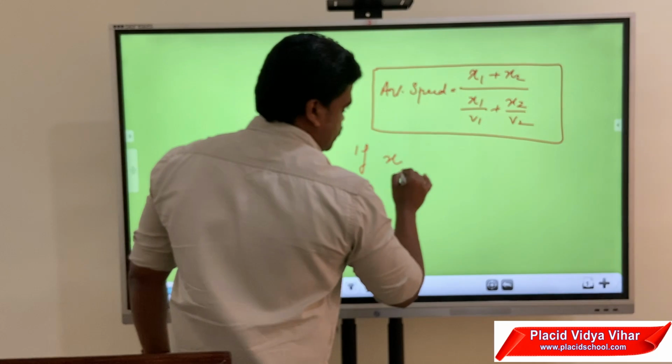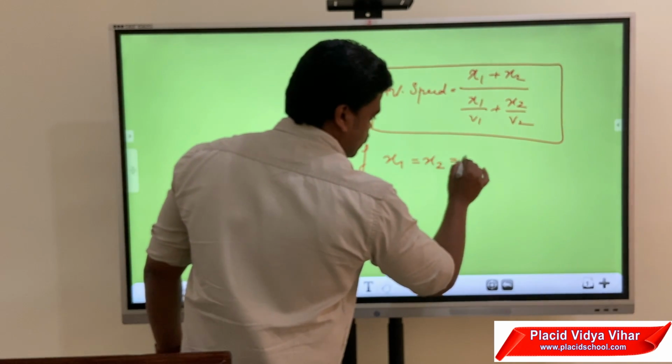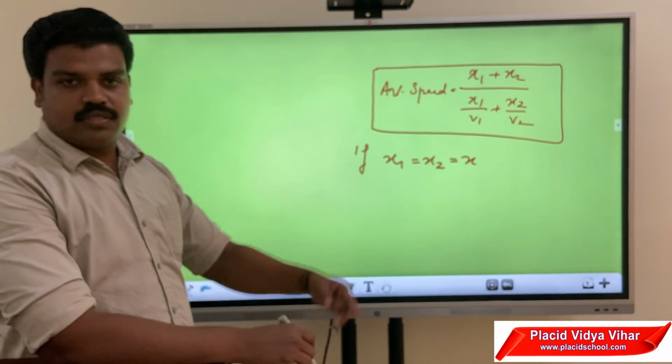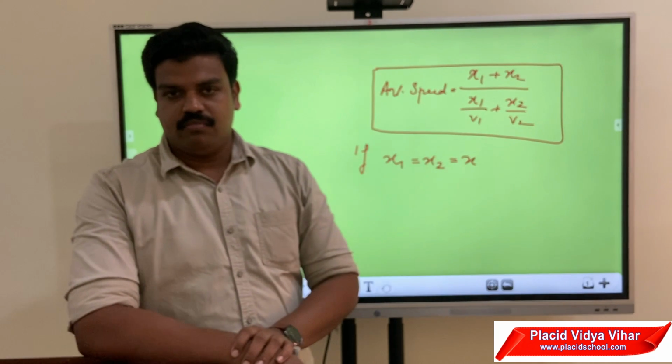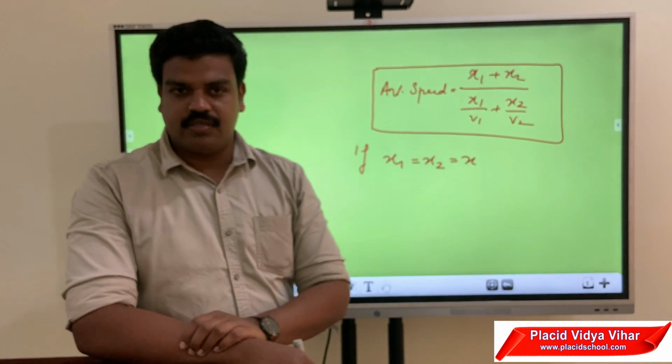If x1 is equal to x2, that is equal to x, the distances covered are the same: the first half of the distance and the second half of the distance.